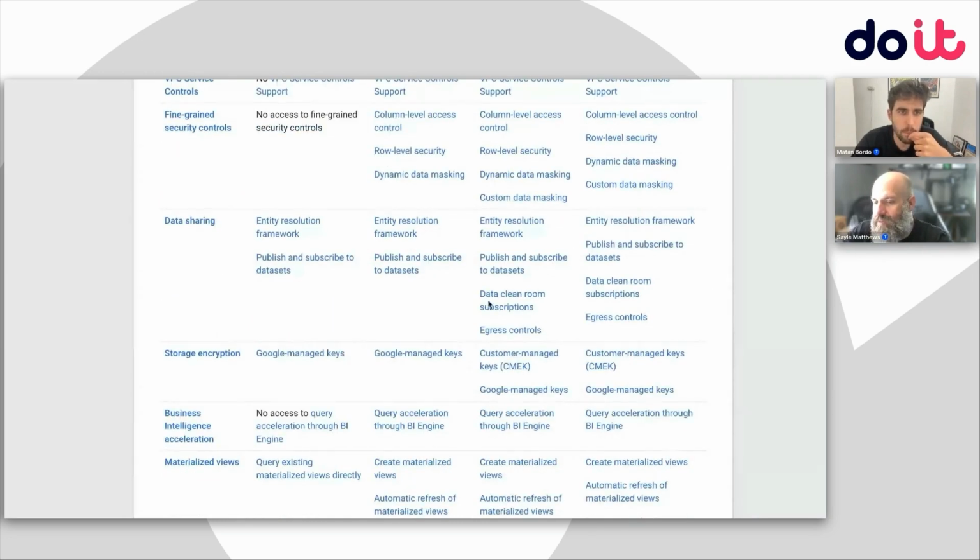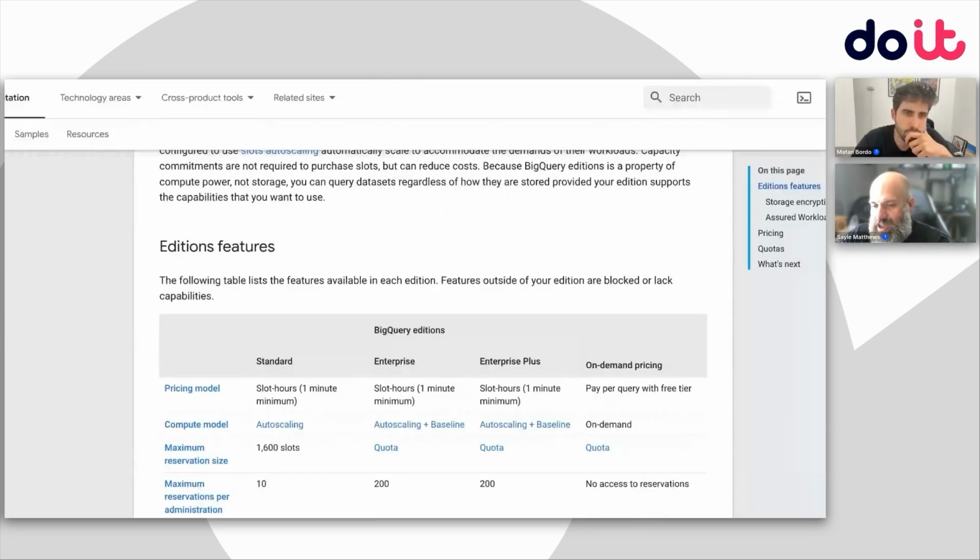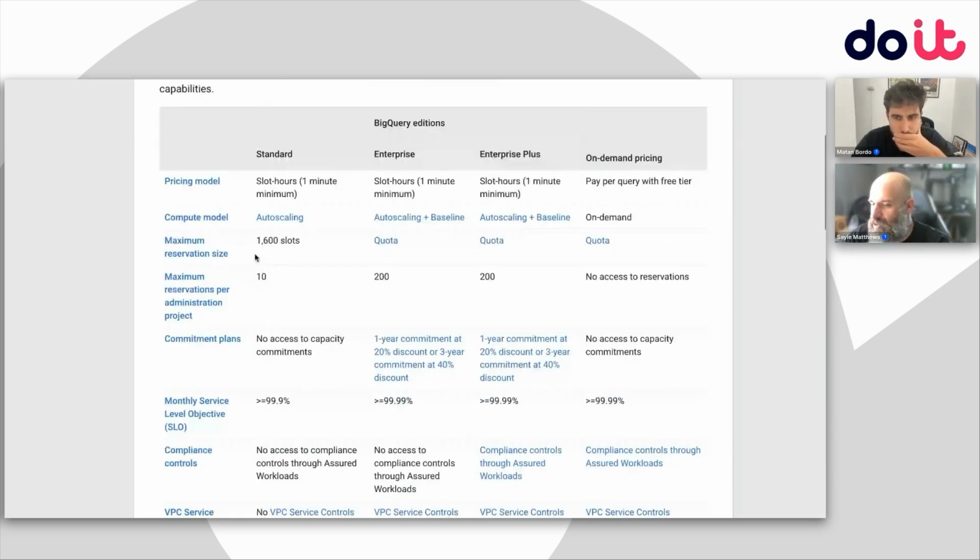With that said, if you've got some workloads that aren't slot heavy, you're not doing anything more than basic querying, you're not doing any crazy number crunching, you don't need 10,000 slots or anything like that, Standard Edition is about, I think, 20% cheaper roughly, and it might be a good middle ground for you.